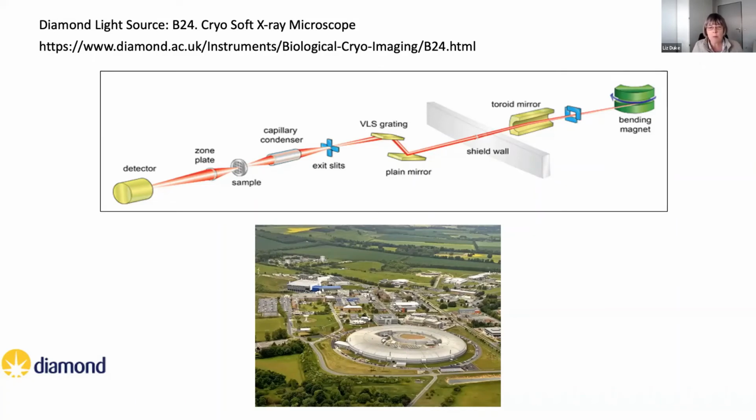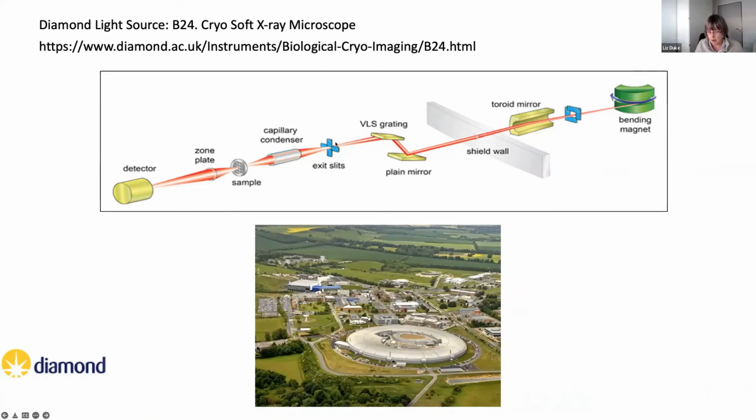But back to the beamline itself, if you remember from my previous slide, I was talking about how all microscopes are the same. You need some form of X-rays. Well, here in this slide, our source of X-rays basically starts from the bending magnet and then goes through the optics that focus the X-rays onto the exit slit. So all of this up to the exit slits is your X-ray source.